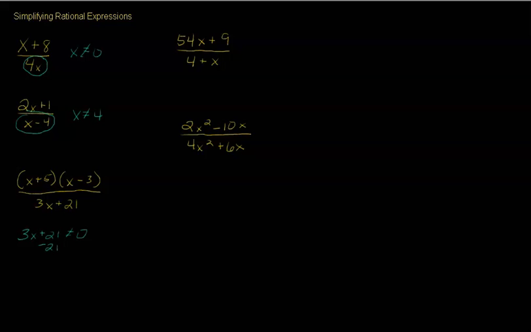So we subtract 21, so negative 21. 3x, divide by 3, x can't equal negative 7, because negative 7 times 3 is negative 21, and negative 21 plus 21 is 0. It wouldn't be 7, because 7 times 3 is 21, and 21 plus 21 is 42.